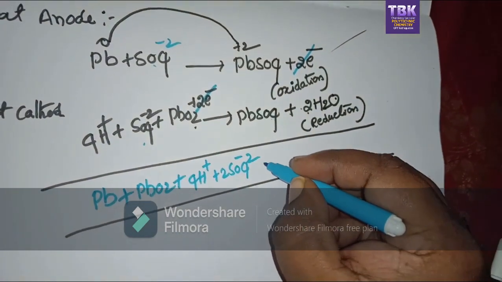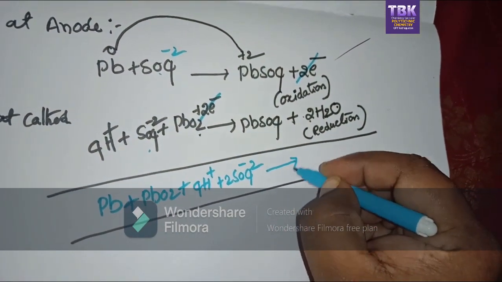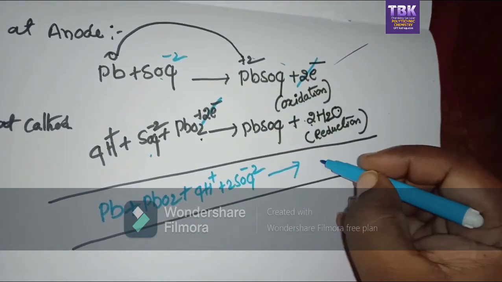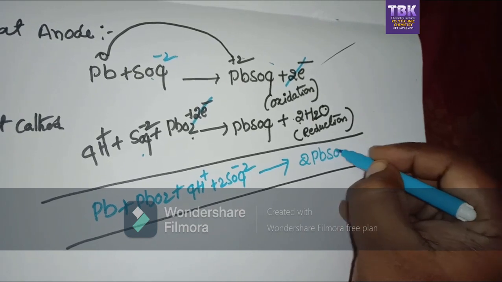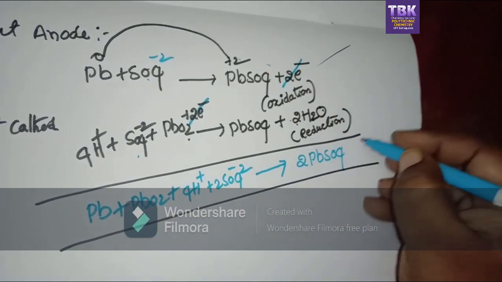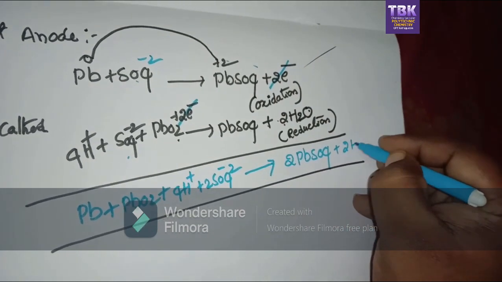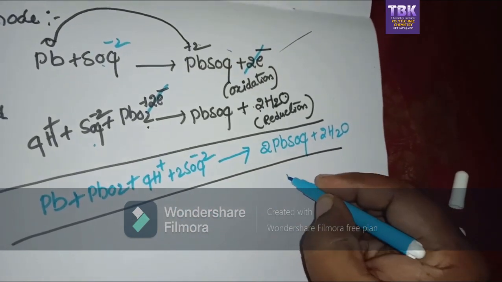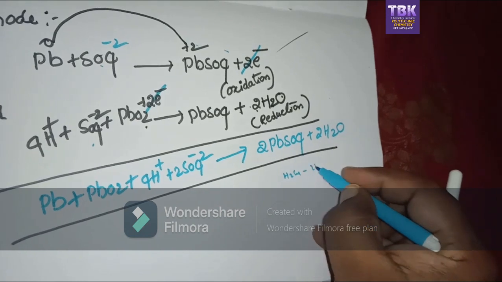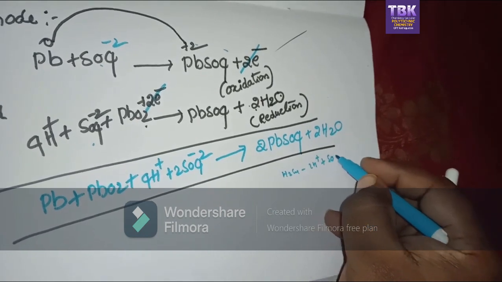giving rise to 2 PbSO4 plus 2 H2O. Okay, here one H2SO4 contains 2 H plus ions and 1 sulfate ion.